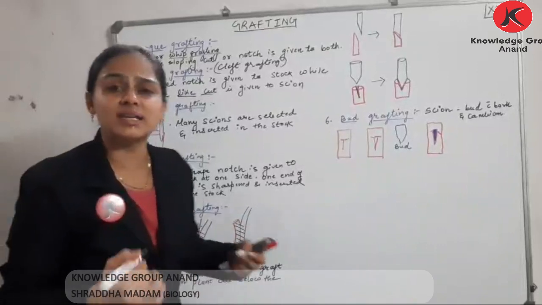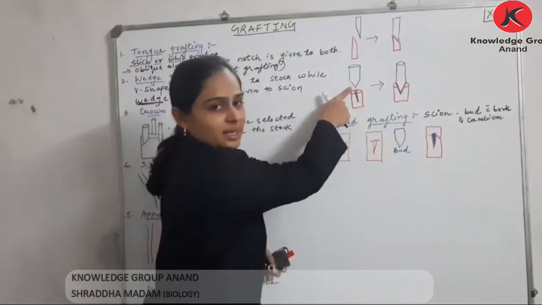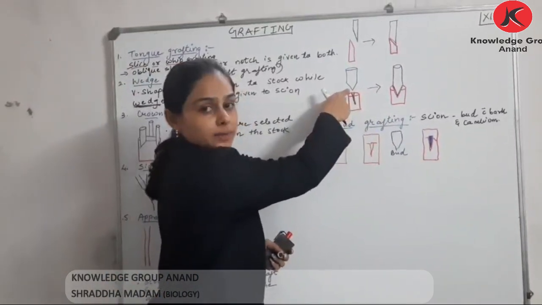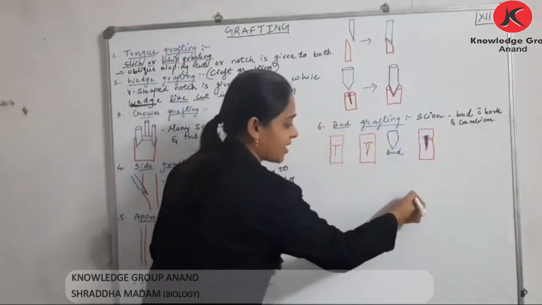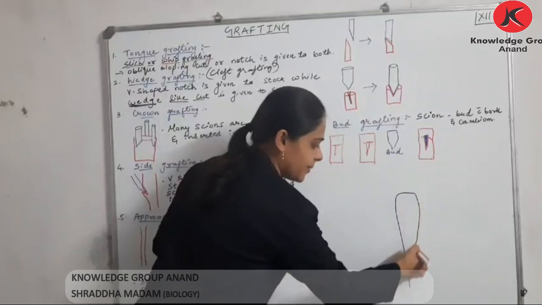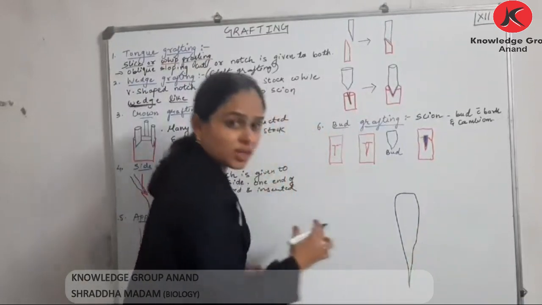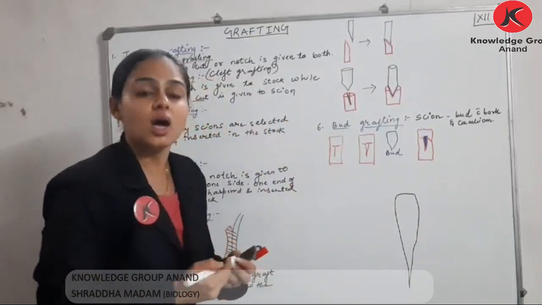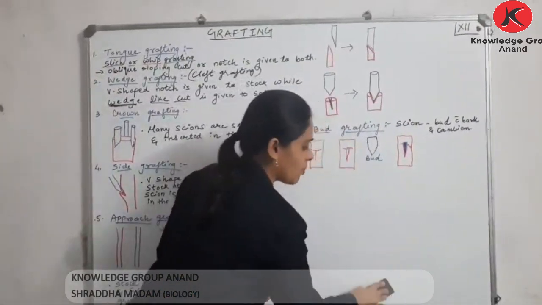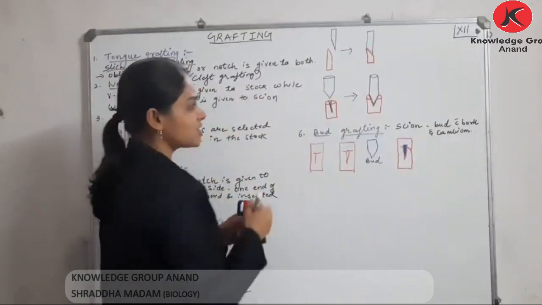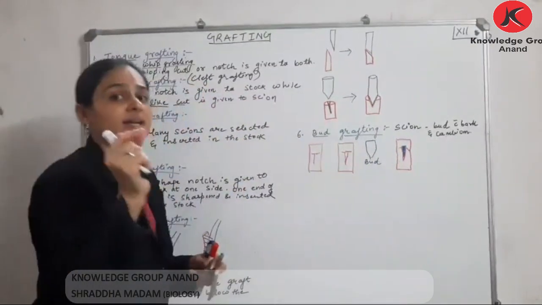Wedge like cut मानी क्या, tapering end. As you can see over here, tapering end पता है ना आपको. If I am talking about your carrot, तो carrot कुछ ऐसा होता है. This end जो narrow होता है, that end is called as your tapering end. Am I clear? So if I am talking about your scion, then scion का end कैसा होना चाहिए, narrow.